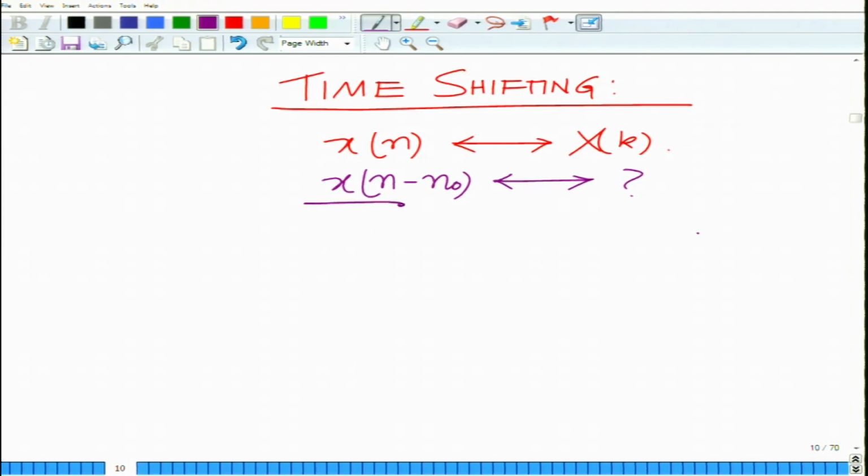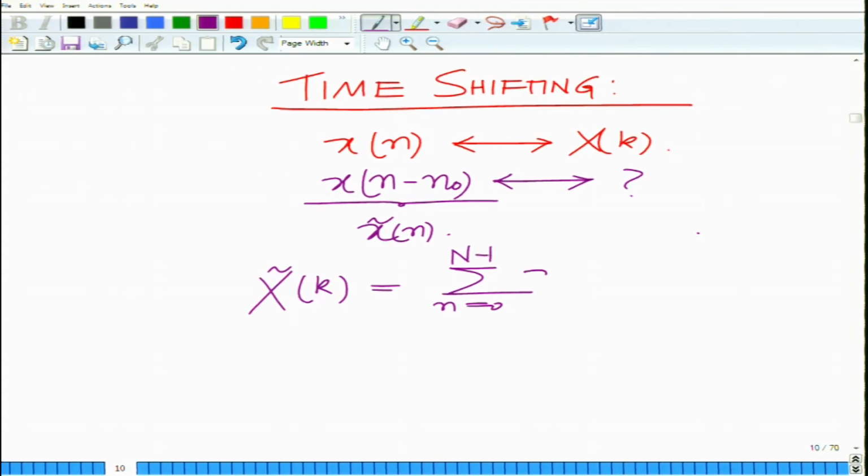Let us denote this by x tilde[n]. So, X tilde[k] is the summation n equal to 0 to N−1 of x tilde[n] W_N to the power kn.